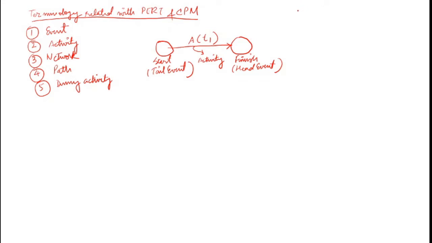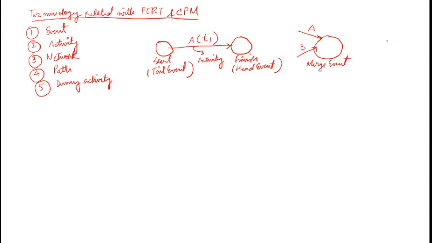Then there are a few situations where two activities have the same end event, so that is called a merge event. So there is an activity A and another activity B, and they have the same end event, called a merge event.